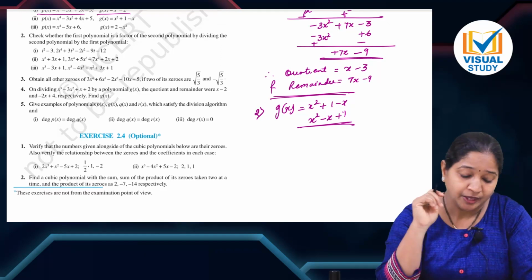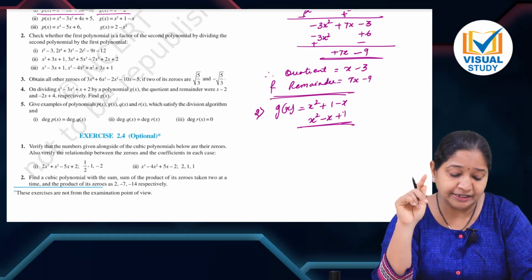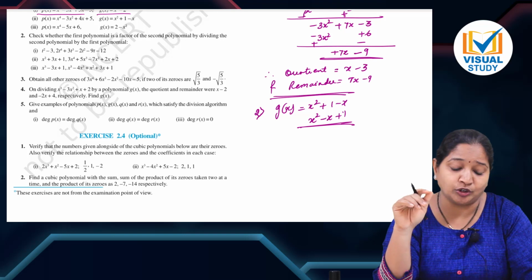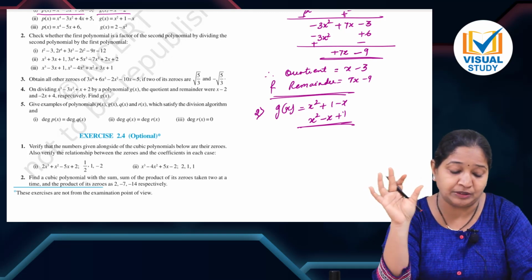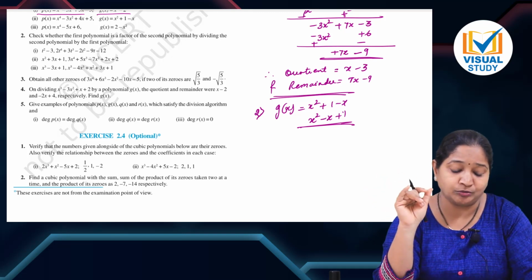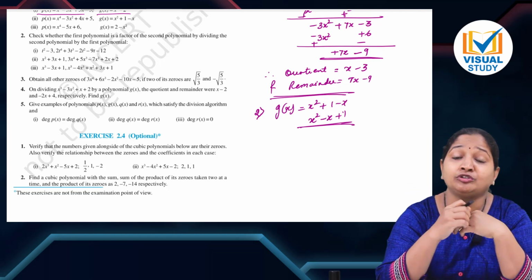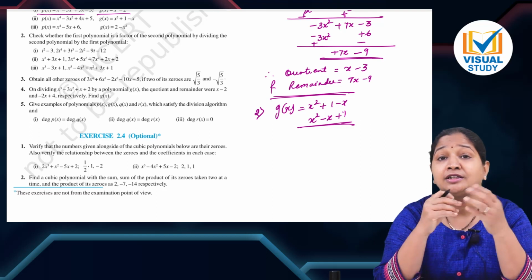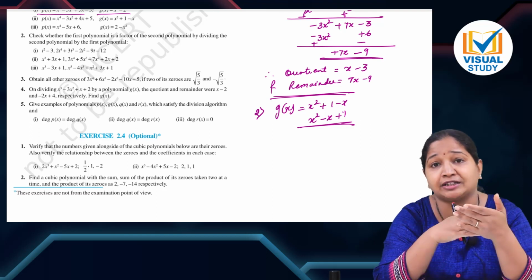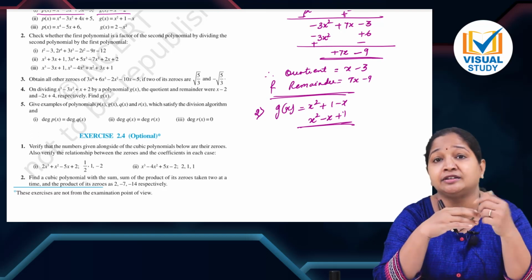Check whether the first polynomial is a factor of the second polynomial by dividing the second polynomial by the first. That means by dividing it, we have to check whether it is a factor of it. Now how can we check whether it is a factor of that given dividend?